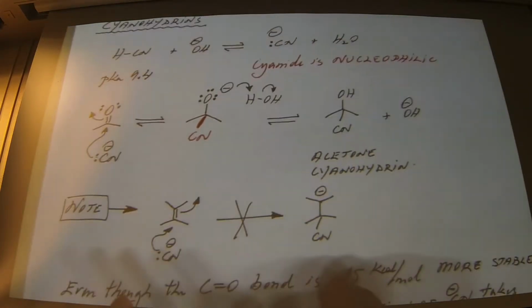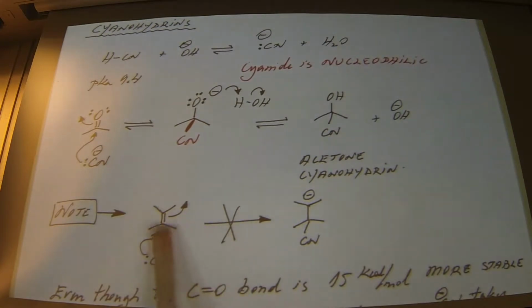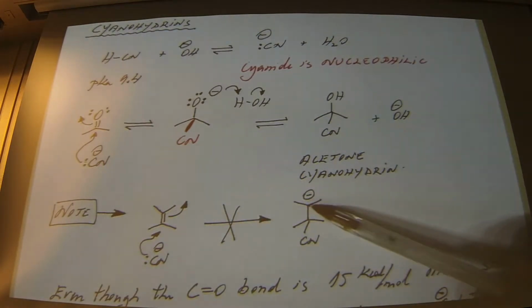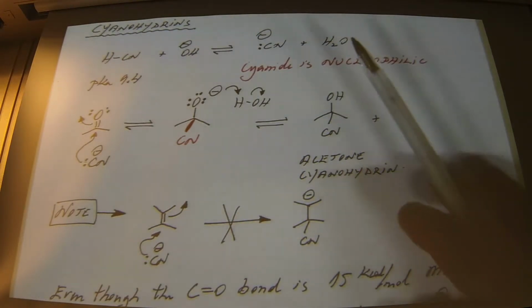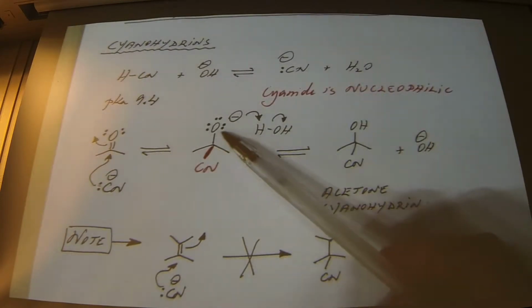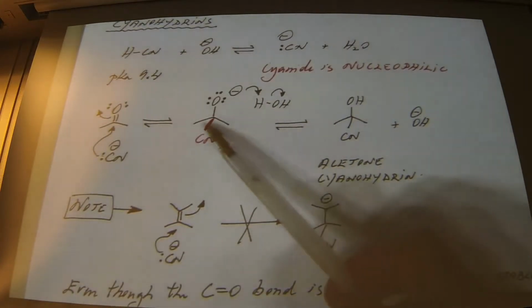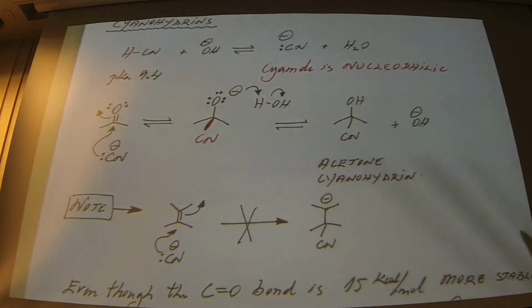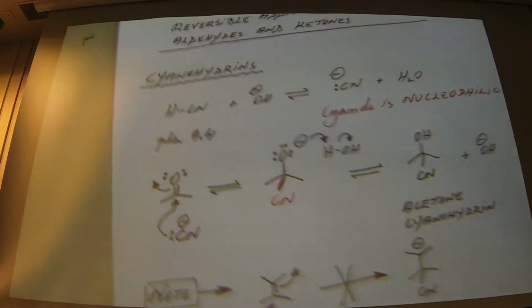And this is a reaction that positively will not take place with an isolated alkene, a C double bond C. And the reason, I think, is pretty clear: the product in such a case would be a carbanion, a very strong base, whereas the product in this case is an alkoxide, a much weaker base. And so you end up getting these cyanohydrin compounds. Now this process is reversible, and you can go from the cyanohydrin back to the ketone.